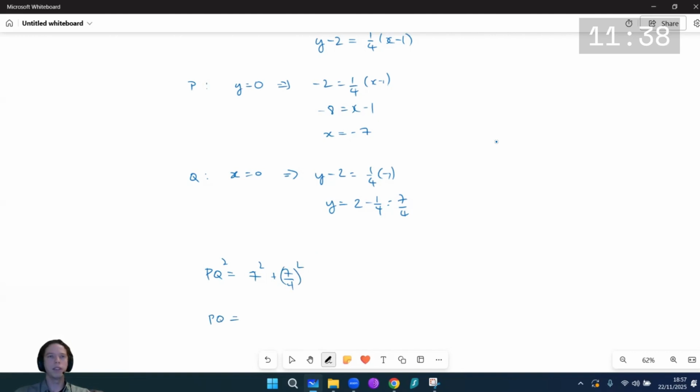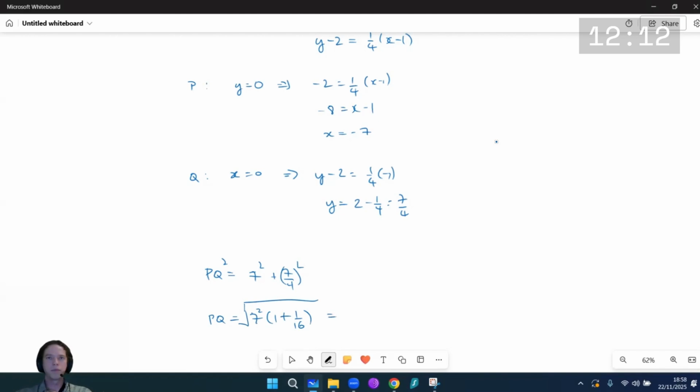Which is 49 plus 49 over 16. This is all quite long. Doing 7 squared times 16 to take those fractions together is a bit long. I'm going to notice there's a factor of 7 squared that I can take the square root of out of these, because that will simplify to a 7. And I'll just have 1 over 16 left over, 1 over 4 squared.